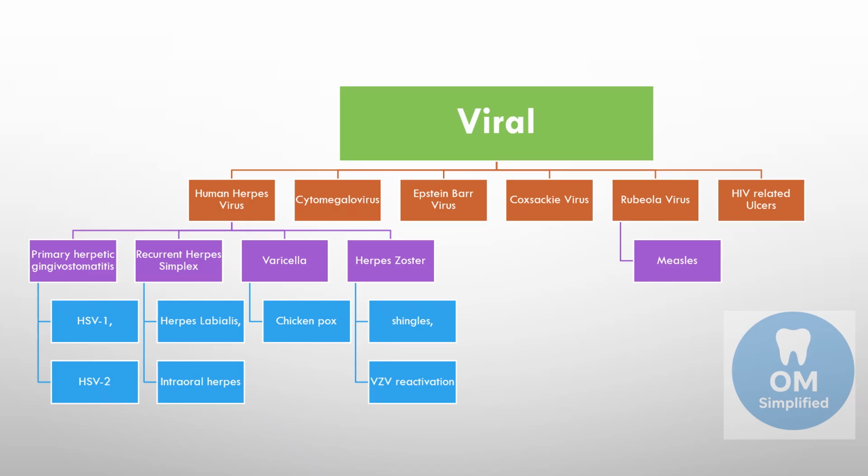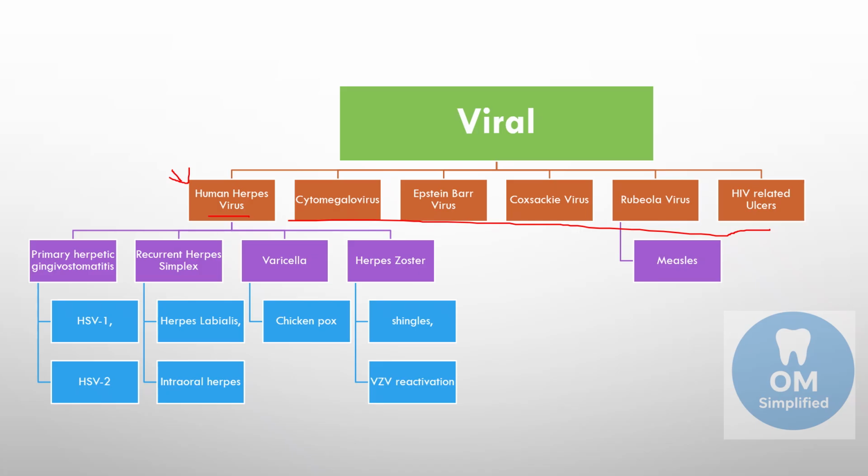So some of the important infections are human herpes virus, cytomegalovirus, Epstein-Barr virus, Coxsackie virus, rubella, and HIV-related ulcers. The most important among them is human herpes virus that will be discussed in detail in this presentation.